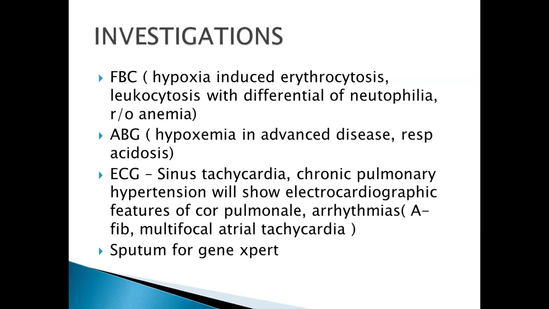So you can also do an ECG, and on your ECG, you can see signs of right heart chamber enlargement, such as your typical P pulmonale, where you see an accentuation of the P wave, that is a hyperacute P wave. There could also be a sinus tachycardia and a typical multifocal atrial tachycardia, which is as a result of the hypoxia.